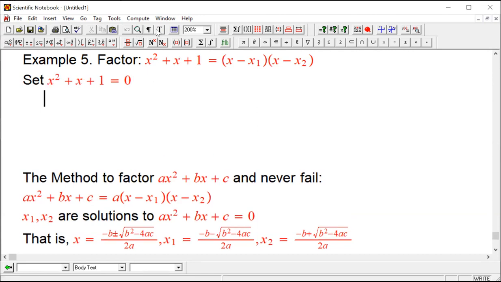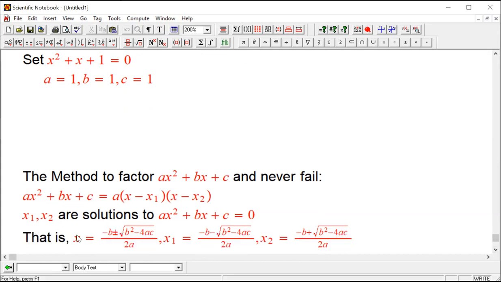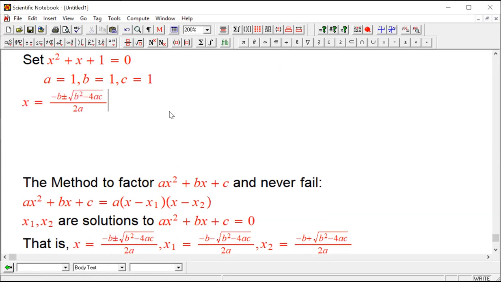And here, A equals 1, B equals 1, C equals 1. Isn't that simple enough? But it's just very hard to factor. So now this method will give us the factors.